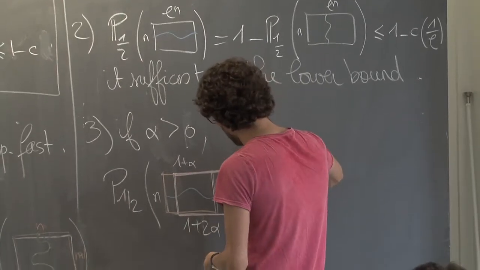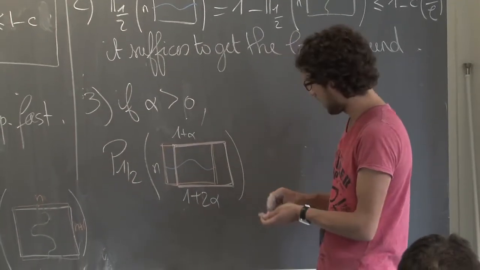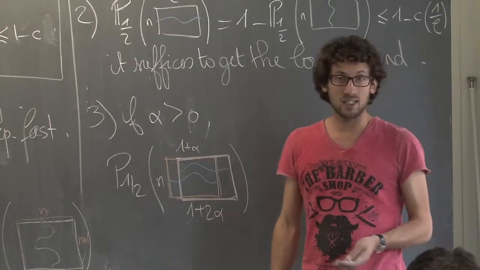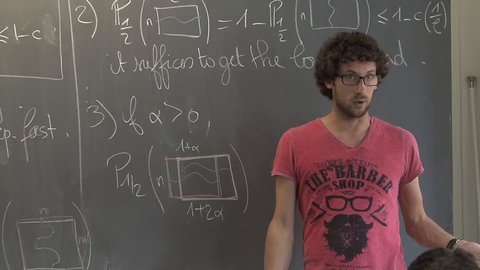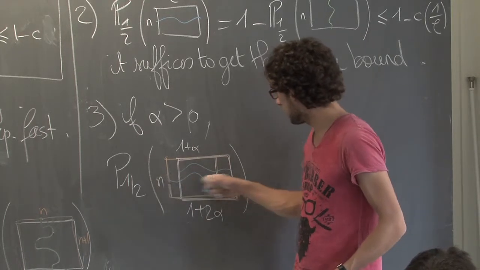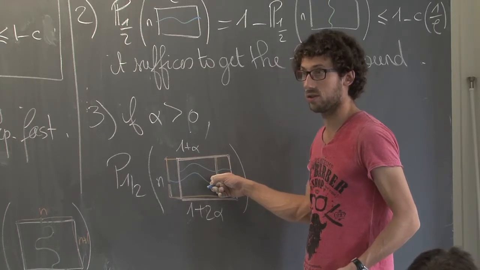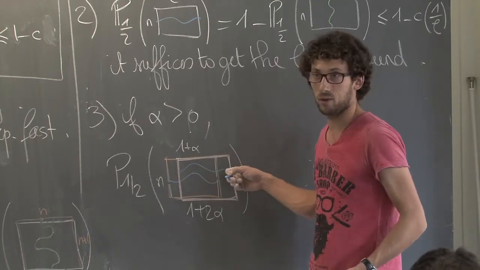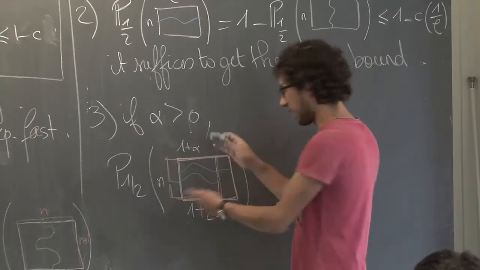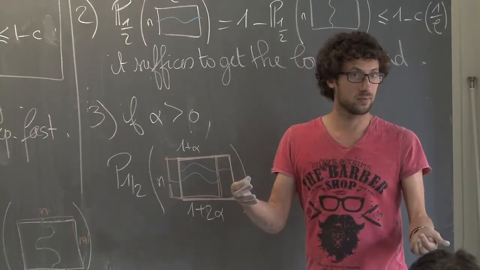So if I want to have a crossing from left to right, I can say, okay, maybe I have a crossing like that, I have a crossing like that. Well, these two guys have no reason to intersect whatsoever, right? So if I assume this orange rectangle is crossed and the pink rectangle is crossed, that doesn't imply at all that the white rectangle, the big rectangle, is crossed.